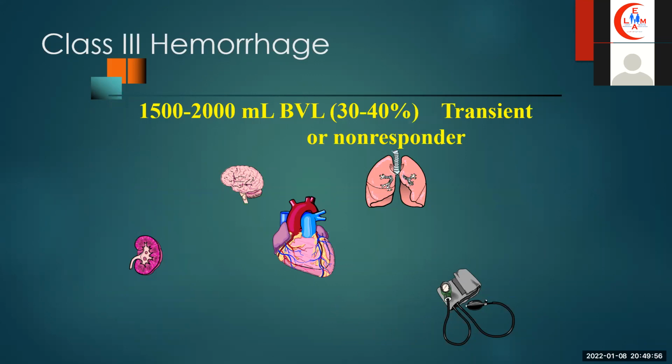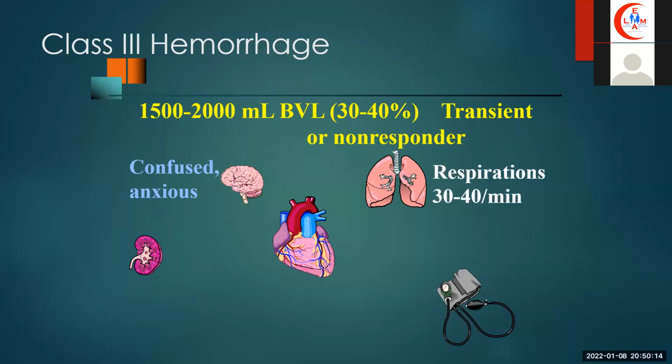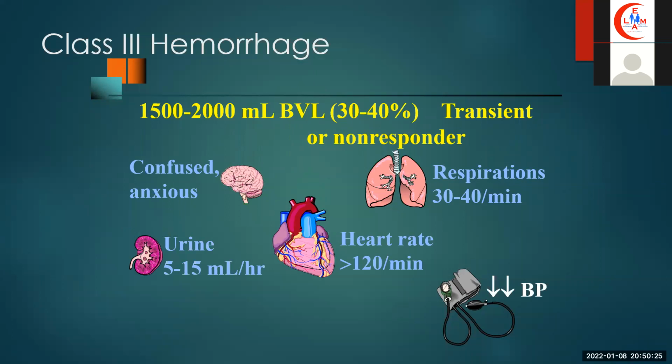In class 3, these patients are either transient or non-responders. And this is when they lose more than 1.5 liters, up to 2 liters, which is 30 to 40% of their blood volume. Here we will really see the state or signs of shock. So the patient will be confused, tachypneic, tachycardic, urine output reduced. And here, you see the blood pressure coming down, and the pulse pressure also reduced because the compensation mechanism has been exhausted.